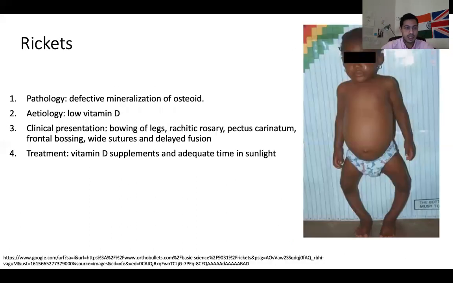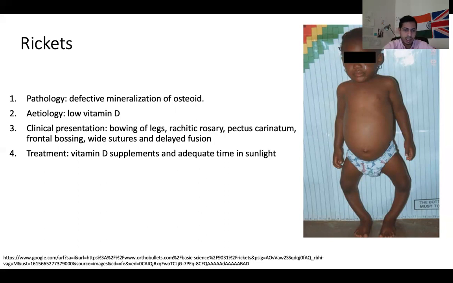Second condition is Rickets. So Rickets is a defective mineralization of osteoid. You might be wondering, what is osteoid? So osteoid is basically produced by osteoblasts, and it is mineralized with calcium and phosphate to form bone.